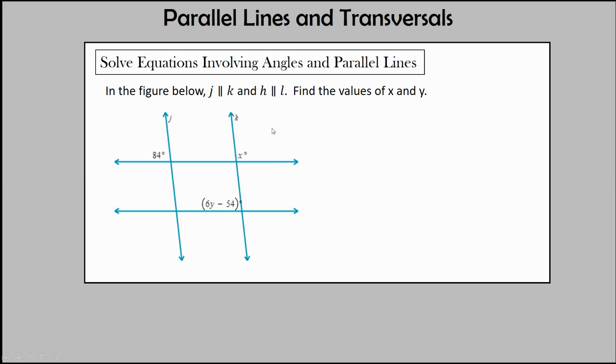Okay, well, first of all, again, we're trying to find the X here and the Y here. I want to find angle measures first. So looking at this cluster, this is where I begin. This is 84 degrees because it's vertical to the given 84. And then this is 96 because these two are a linear pair. Now because J is parallel to K and this is a transversal, these four angles and these four are the same.